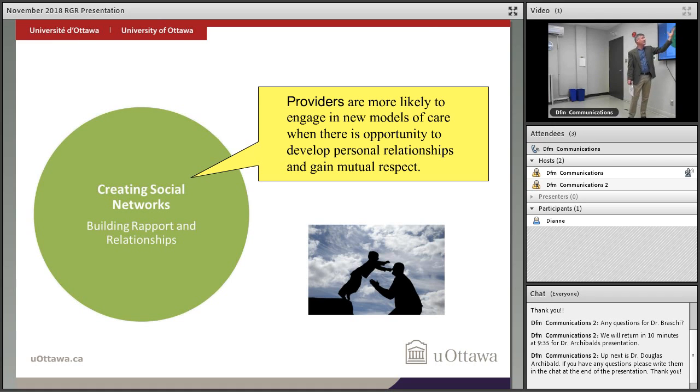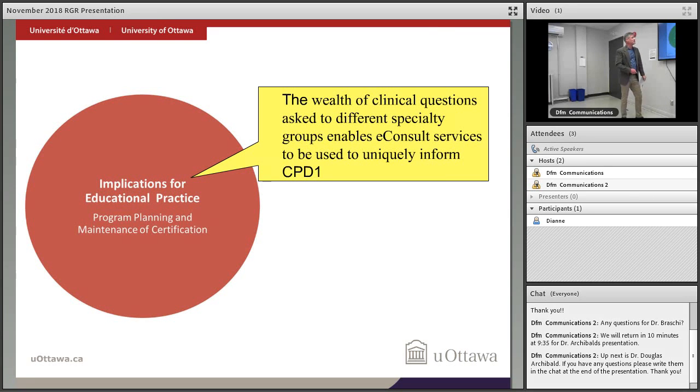And I think that is really starting to come through in spades. And I think the time is prime right now for looking at these relationships. And then the next piece here is around program planning and maintenance of certification. And this is really sort of the core of this project that I'm going to explain in just a second.